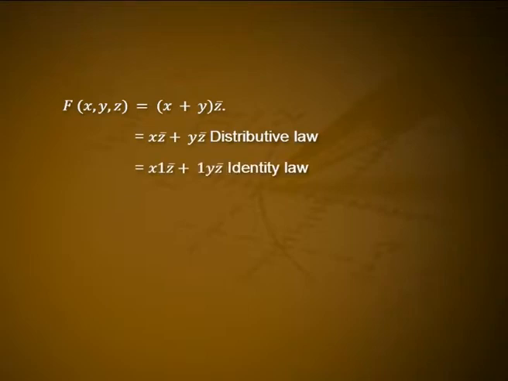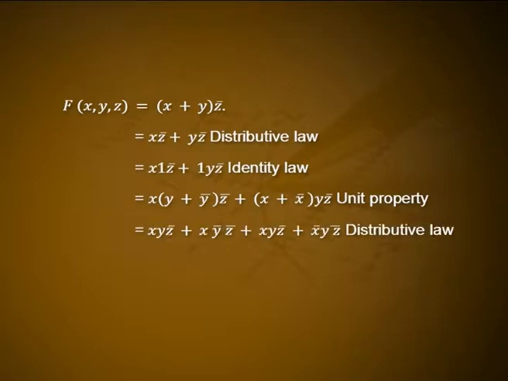We find that f(x,y,z) = (x + y) z bar, which is equal to x z bar + y z bar using distributive law, which is equal to x · 1 · z bar + 1 · y · z bar. It is obtained using identity law, which is equal to x (y + y bar) z bar + x bar y z bar using the unit property.